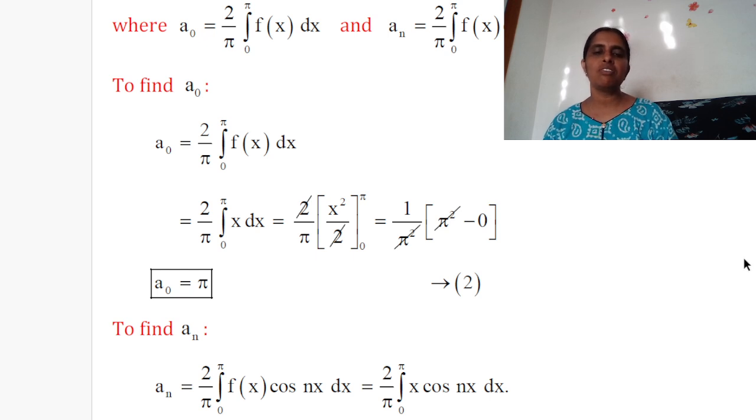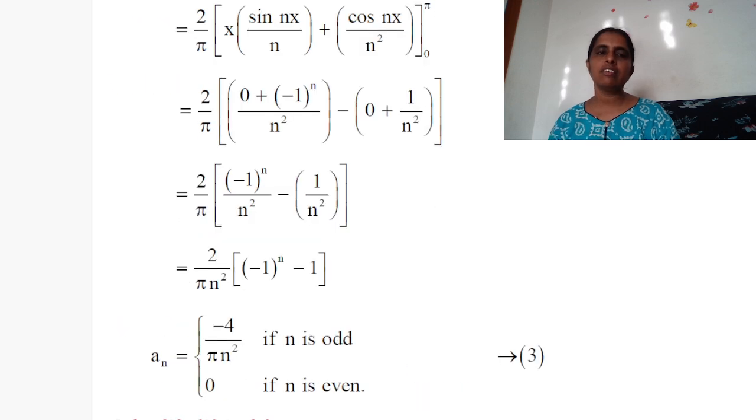Now using the Bernoulli formula, that is 2 by pi, x into the integration of cos nx, which is sin nx divided by n, minus the derivative of x, which is 1, into the integration of sin nx by n, which is minus cos nx divided by n square, over the limit 0 to pi. That is equal to 2 by pi, x into sin nx divided by n plus cos nx divided by n square over the limit 0 to pi.